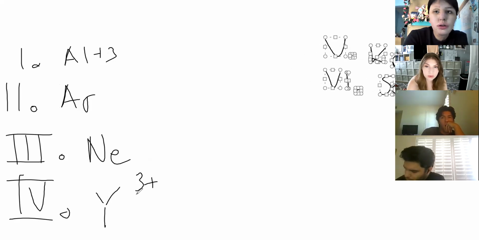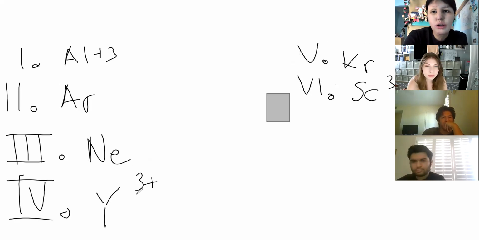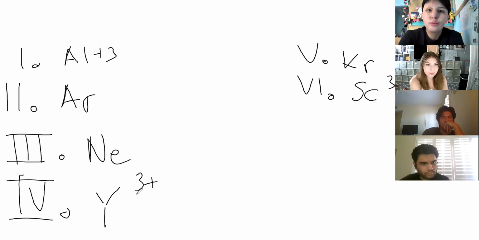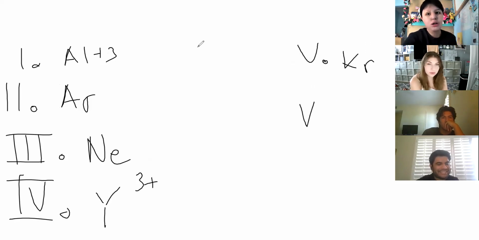So how do we find out if these are isoelectronic to each other or not? Subtract the electrons, or subtract the charge from the normal charge of the element. Well, yes, but also what else do we need to do?